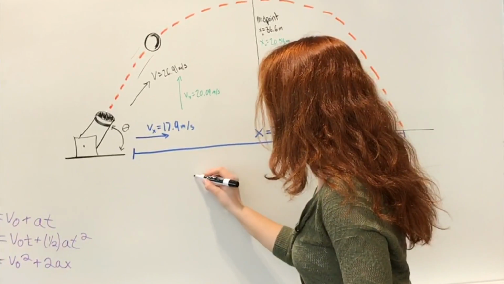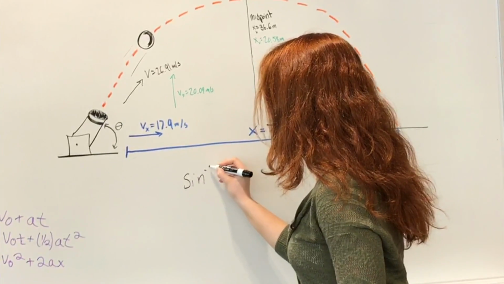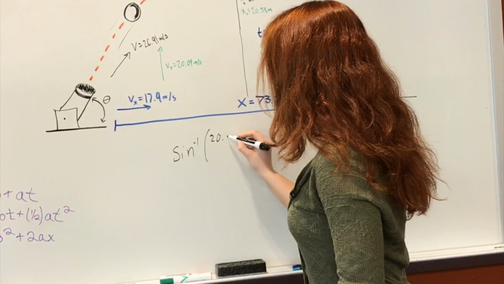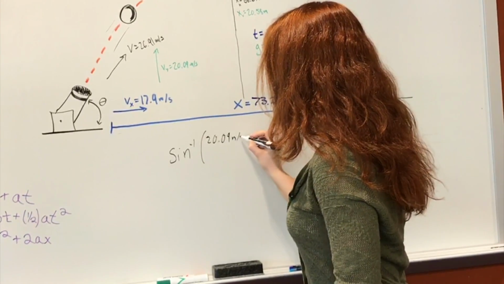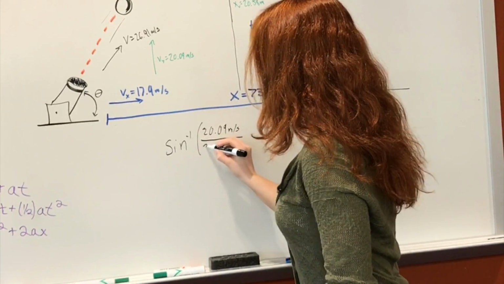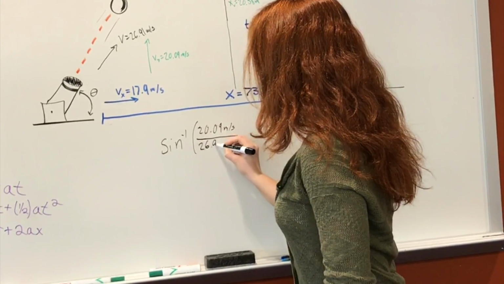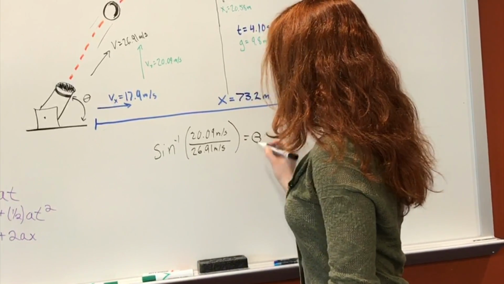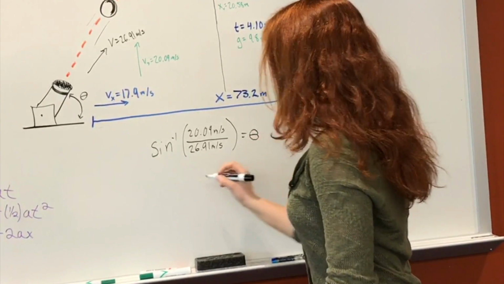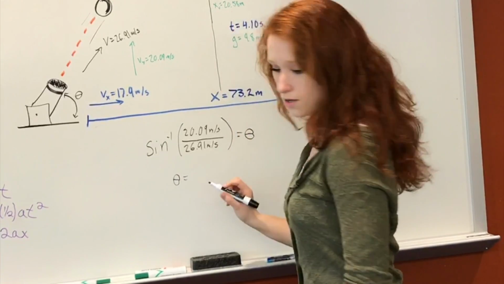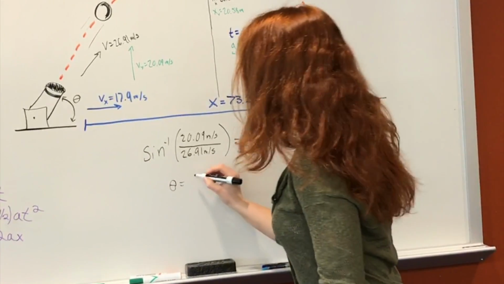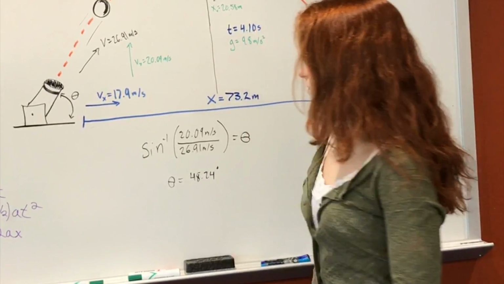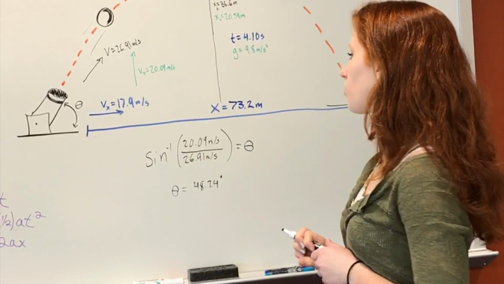We could say arc sine, which means the angle whose sine equals opposite over hypotenuse equals theta. When we do this out, we find that theta equals 48.24 degrees. And that's the angle at which this cannonball was fired.